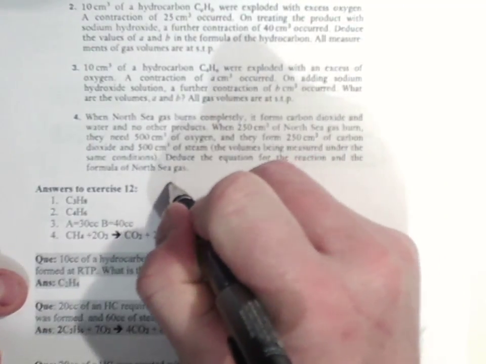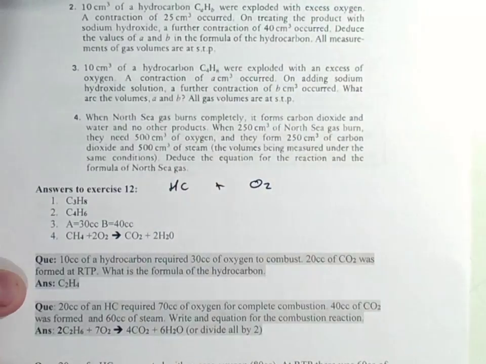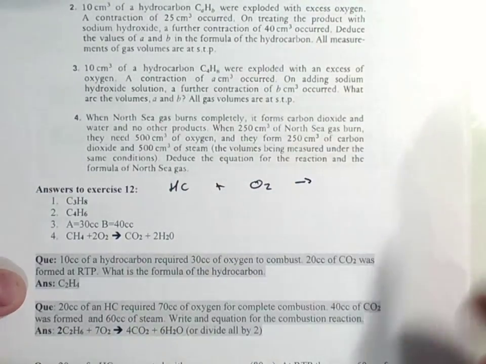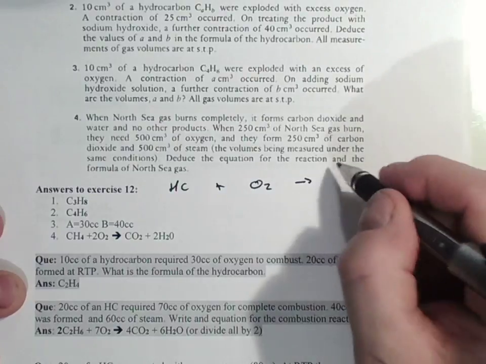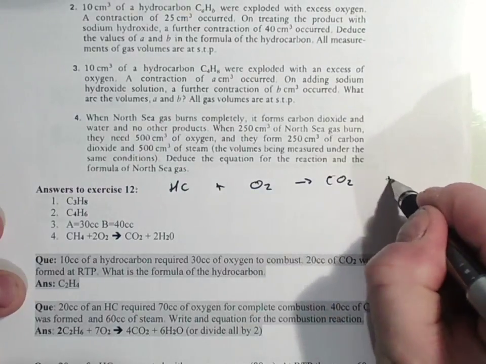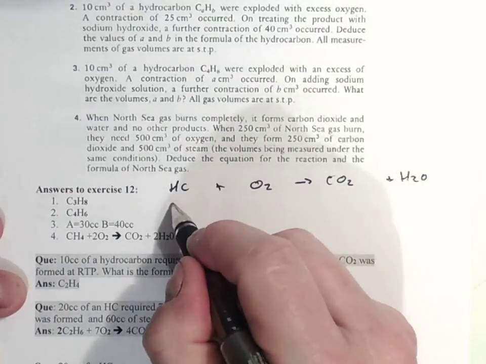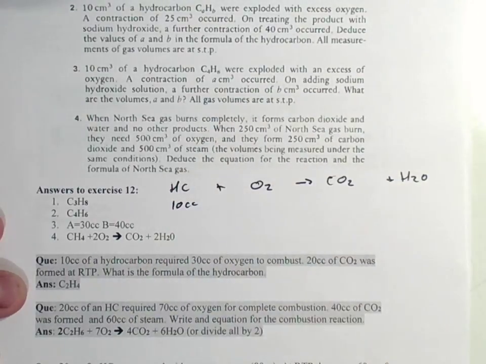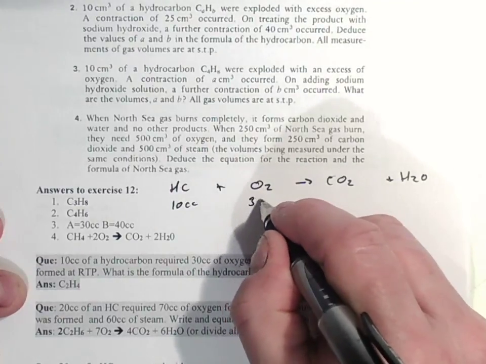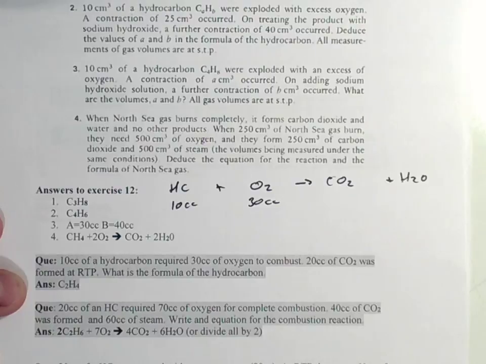Okay, so again I'll write it out in the same way that I wrote the last one out. So I've got HC, hydrocarbon plus oxygen gives me CO2 and H2O. Okay, so I've got 10 cc's of the hydrocarbon, I'll just put that in. I've got 30 cubic centimetres of the oxygen it reacted with, doesn't say anything about the oxygen being in excess this time.